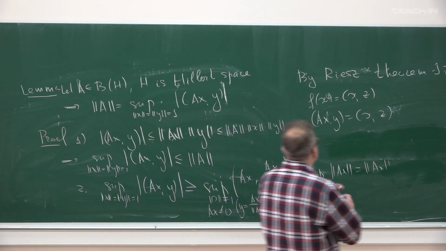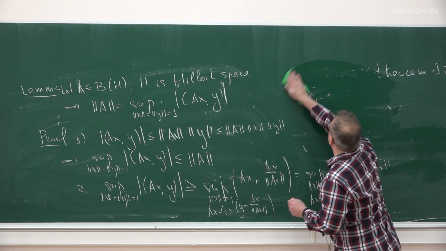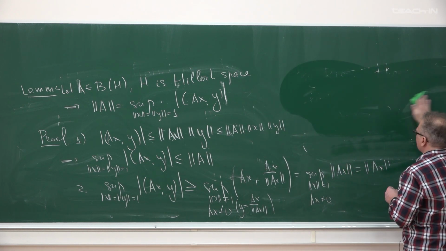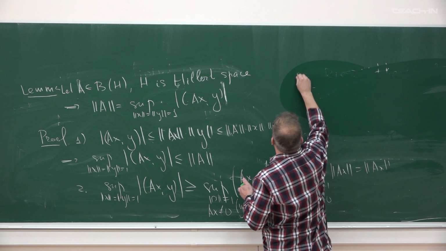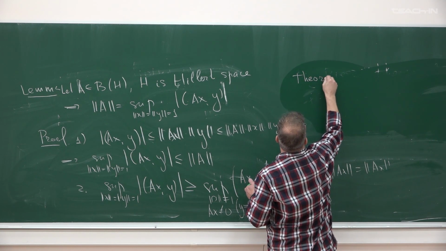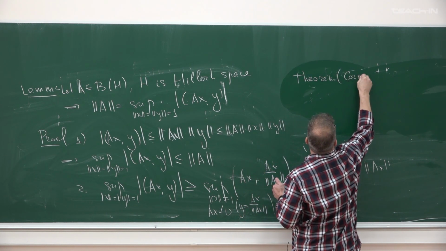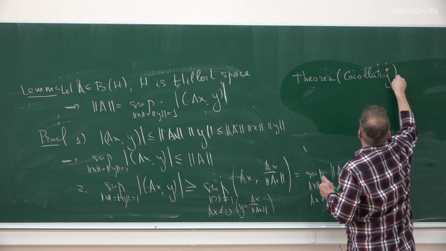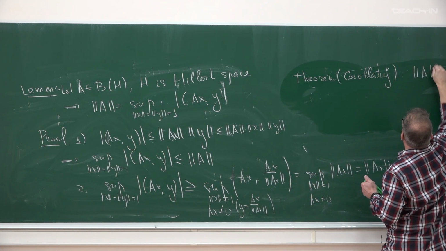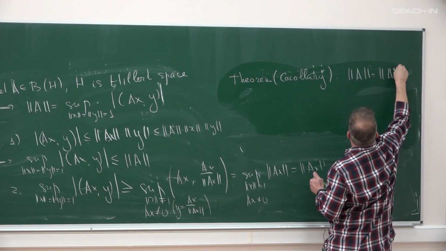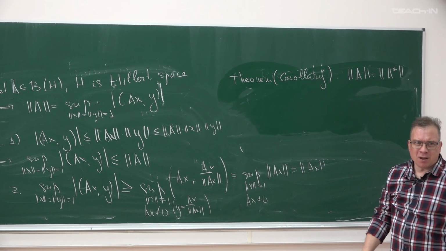An immediate corollary is that, I can name it a theorem, but it is just a corollary, the norm of A coincides with the norm of A star.